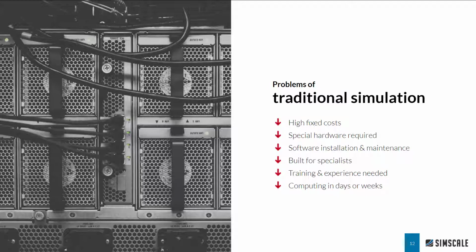Also, traditional simulation is typically built for CAE experts, and that means that you require extensive training and experience to get the most out of the software. And typically the computation time is measured in days or weeks. And when you're doing a simulation, that hardware and software is occupied.